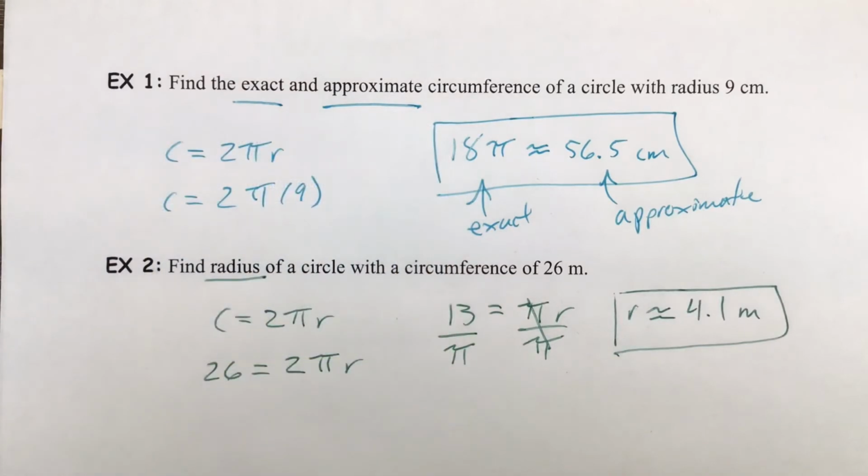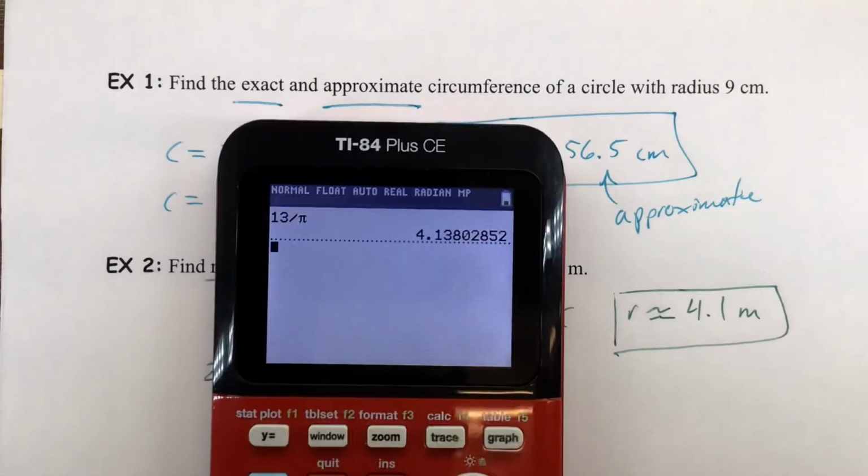As mentioned just a moment ago, you can divide by 2 pi, but when you do that, you need to use parentheses. For example, you need to do it this way. You take the 26 circumference, divide that in parentheses 2 pi, and that gives you the correct answer.